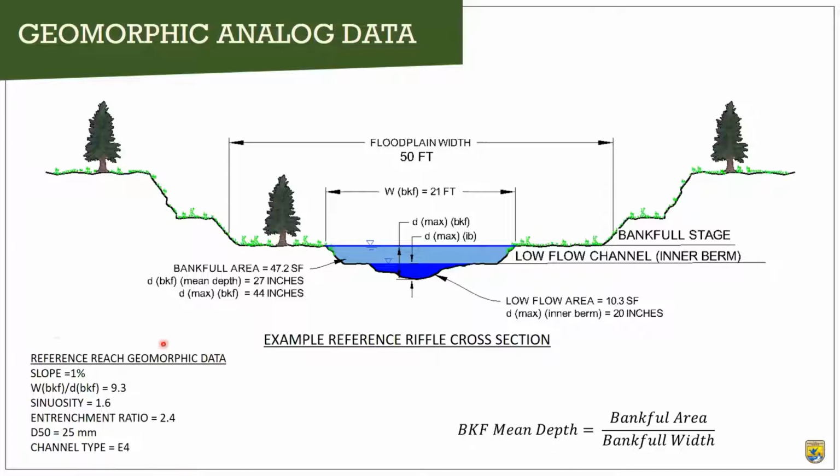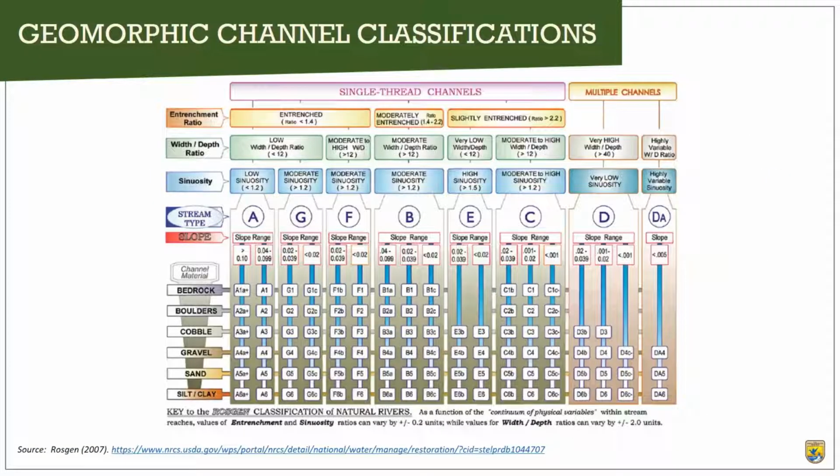And then, of course, we're going to take the data from our survey and classify the channel, and we'll also talk about that more in the stream surveying section. Just a reminder, here's the geomorphic channel classifications from Rosgen that we have elected to use. And all of the different data that you need to collect there.